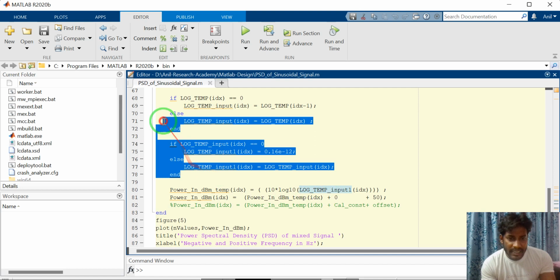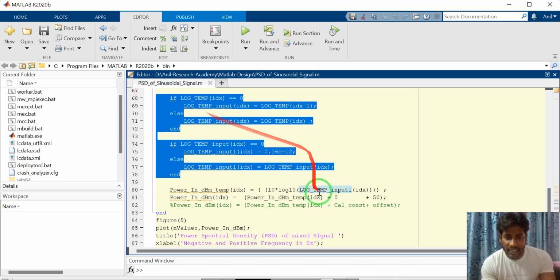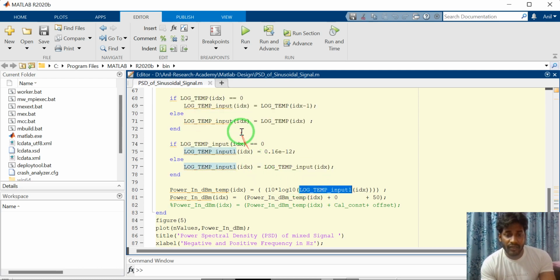So how does this section handle the zero? Log base 10 of 0 is undefined. So to avoid this undefined condition, we have to set, see, if power spectral data is 0, then instead of 0, just copy some finite value, so that log of some finite value is not undefined.